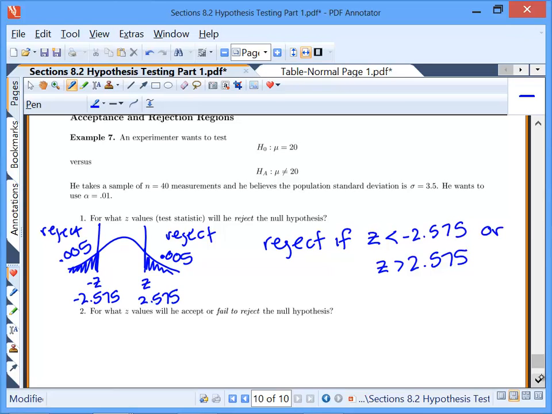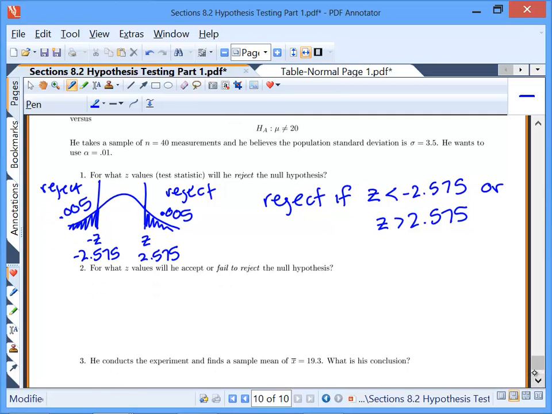Then for what z values will he accept or fail to reject the null hypothesis? You have to say it louder. Anything in between the two values.